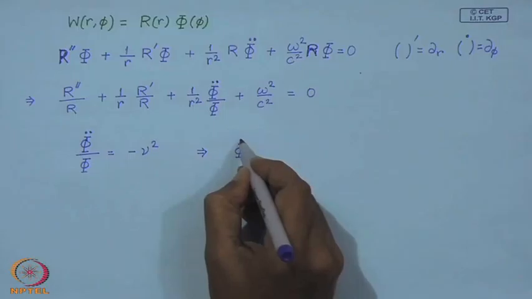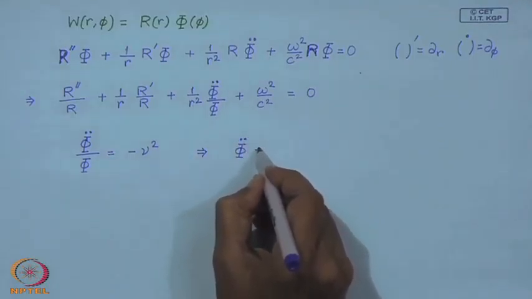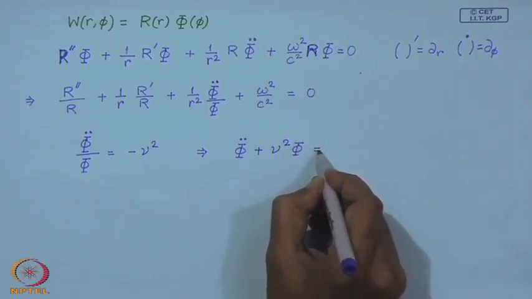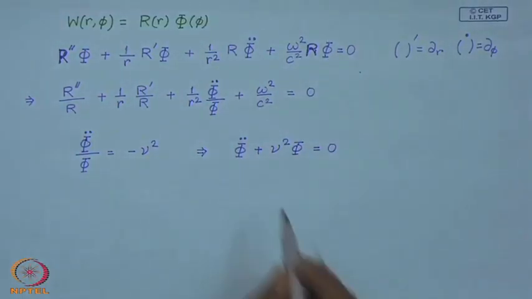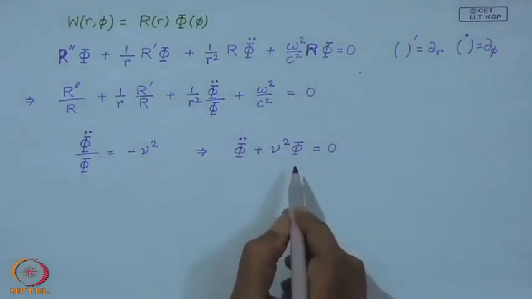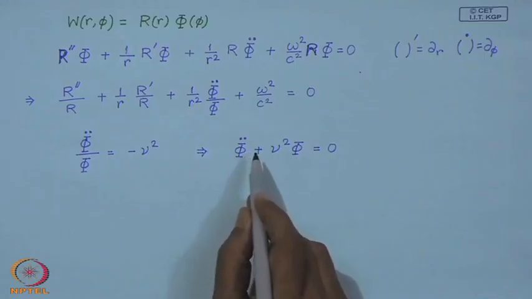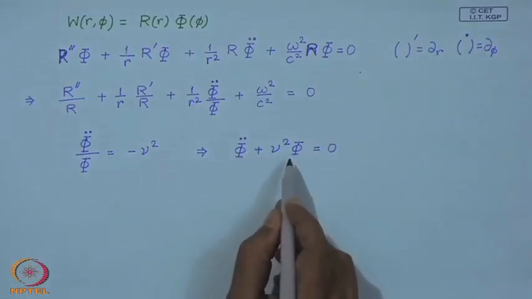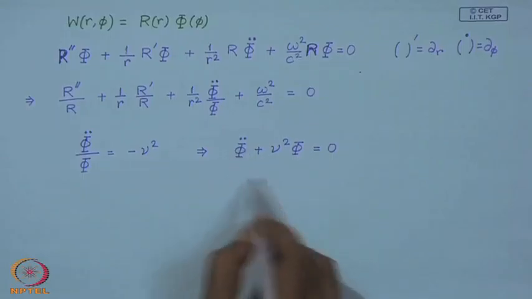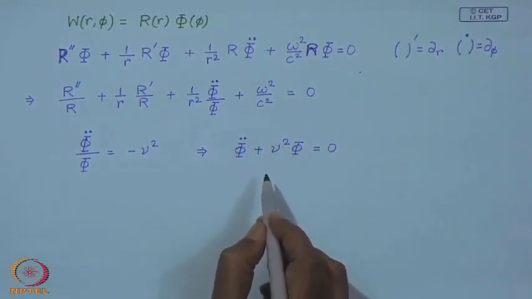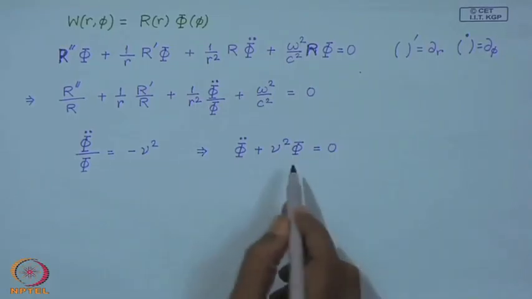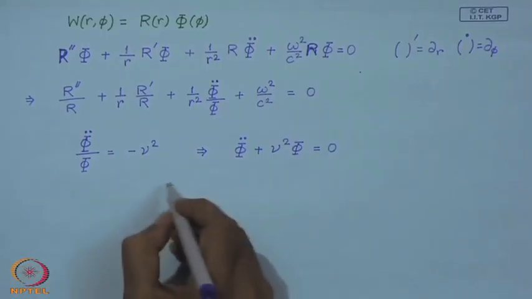This is going to give me this equal to 0. This is purely a function of the angular coordinate phi, and we must have periodicity in this function, otherwise at phi equal to 0 and phi equal to 2 pi, this function will not match.